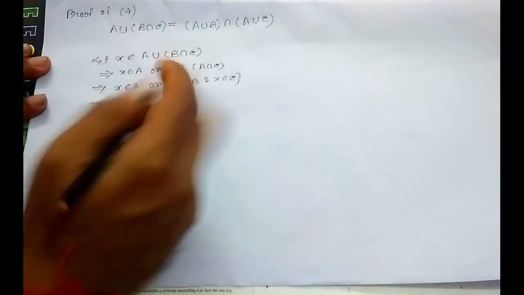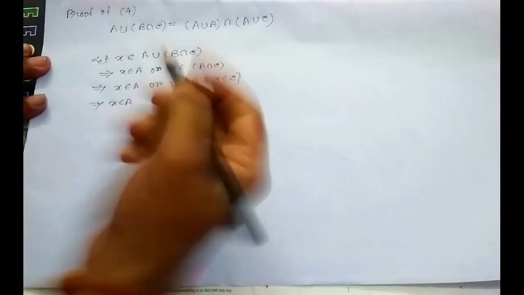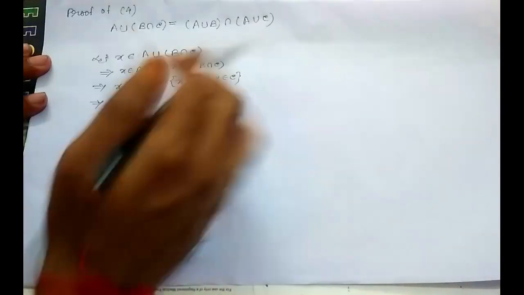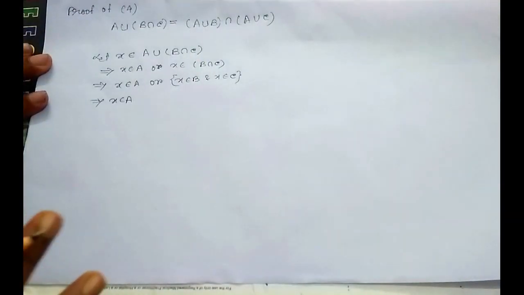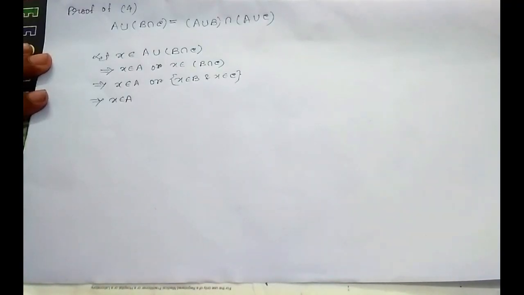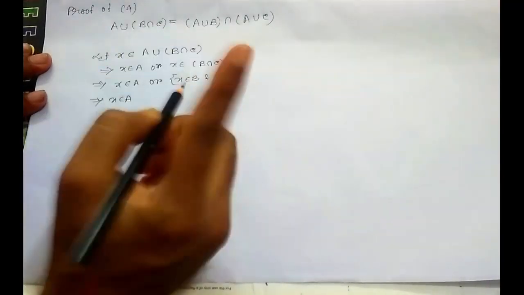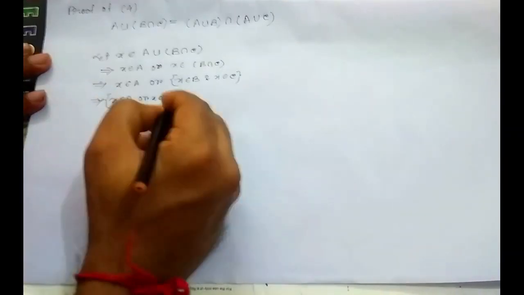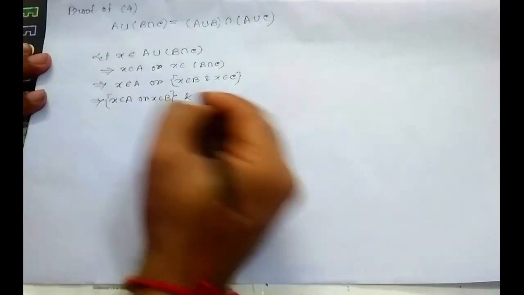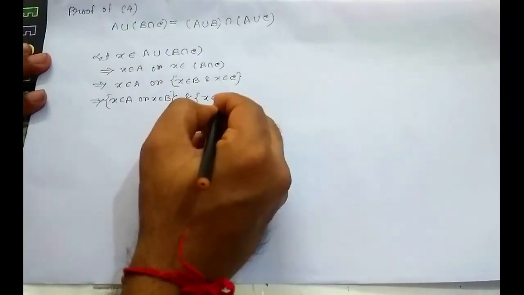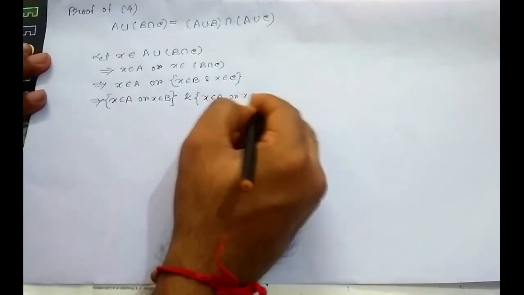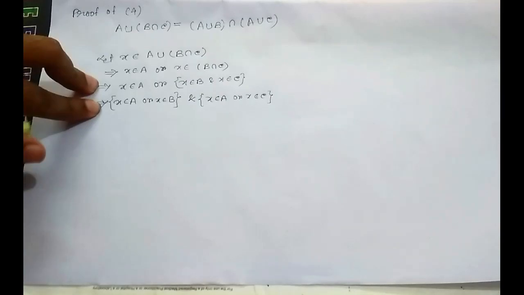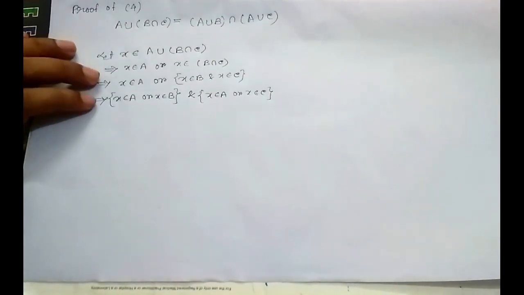Now this implies x belongs to A. Okay, look at this line. x belongs to A or x belongs to B and x belongs to C. This line implies that x belongs to A or x belongs to B, okay, and x belongs to A or x belongs to C. See, this line and this line are looking different, but the meanings are same.